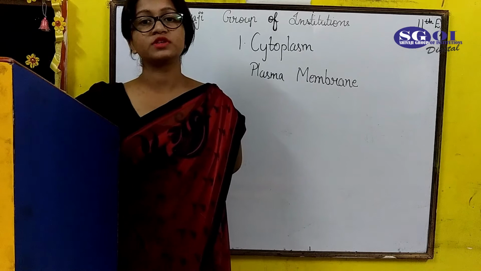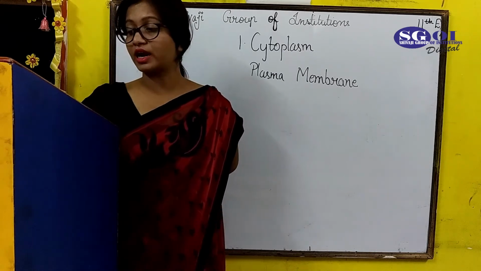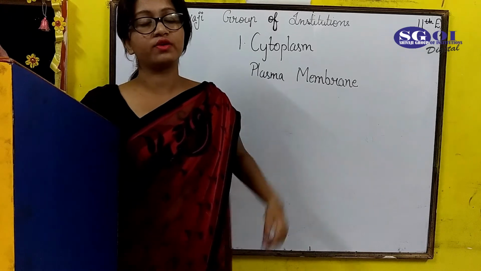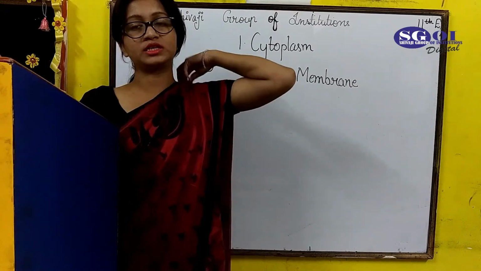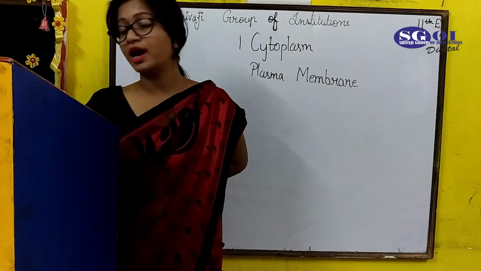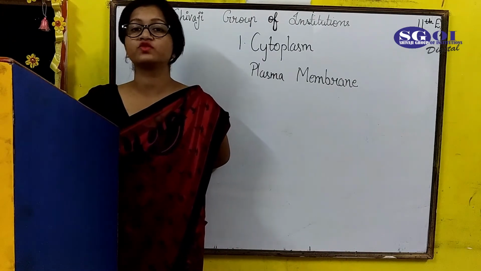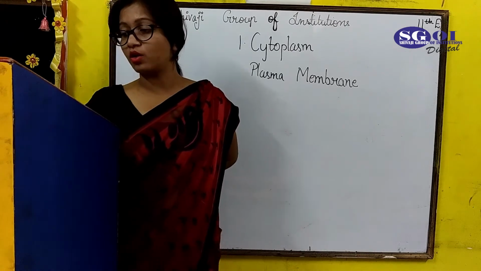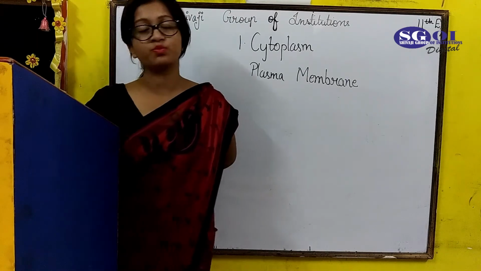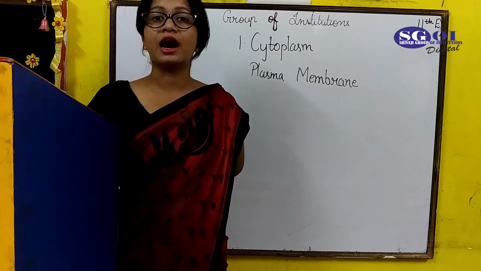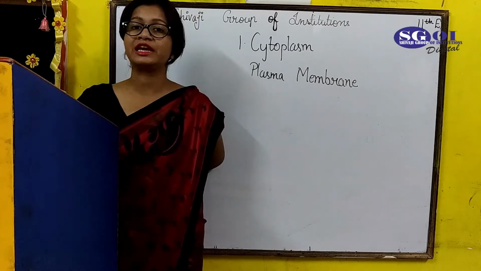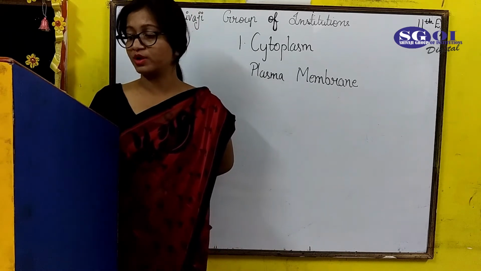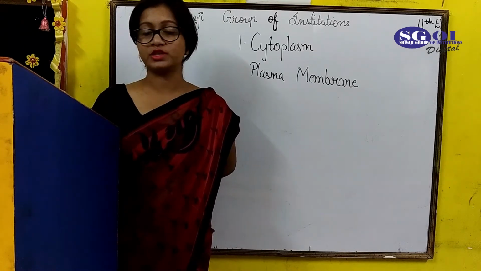They suggested that two types of protein, peripheral or extrinsic proteins and integral or intrinsic proteins, are present in the outer region, and the phospholipid layer is present between them, along with chains of glycoproteins, pores and other things. This is the most accepted and most important model of plasma membrane, the fluid mosaic model.